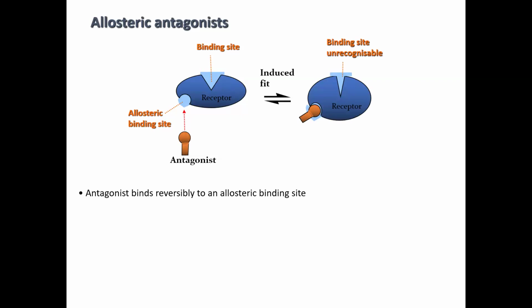So an allosteric is what happens is, instead of the pocket that we want to go, it finds another nice pocket to go into.